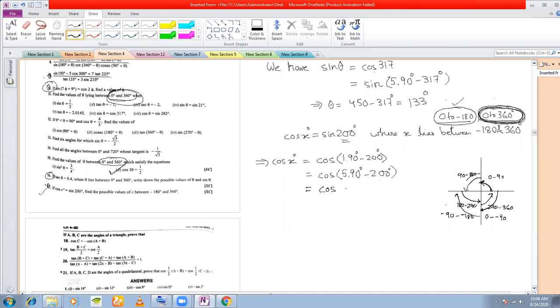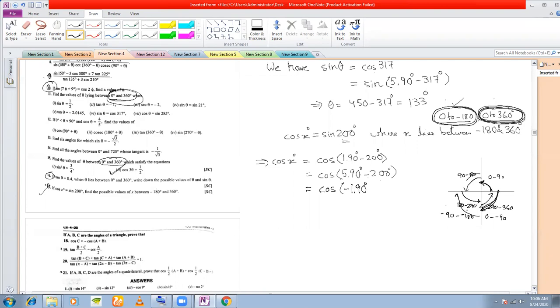Now see, I have considered all clockwise rotations here, but because I have a negative angle, what if I consider one anti-clockwise rotation here? Can I write this as minus 1 into 90 degree, an odd multiple? Yes. So this lies in what quadrant?